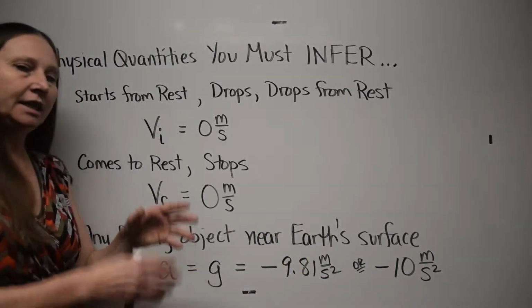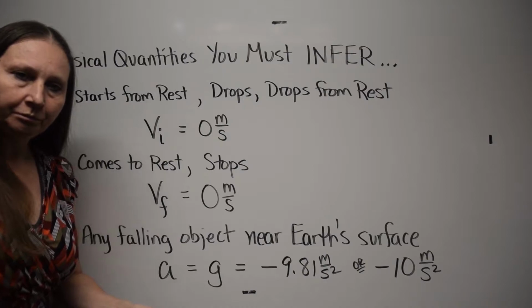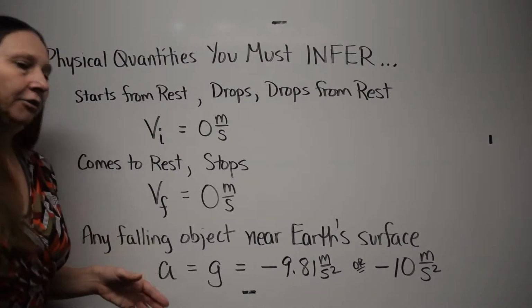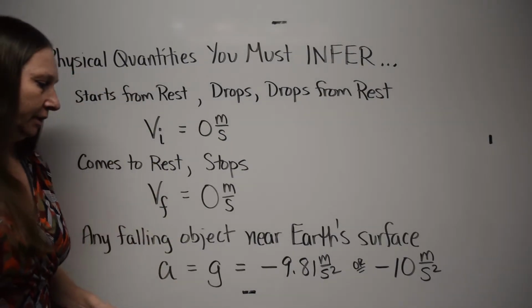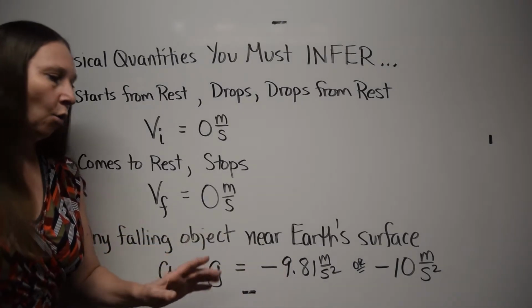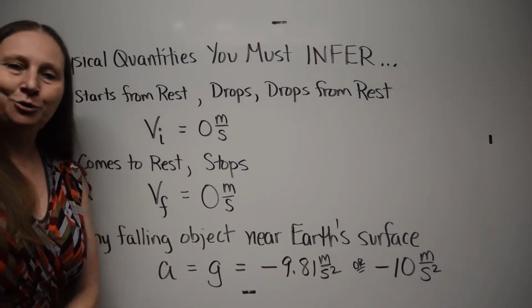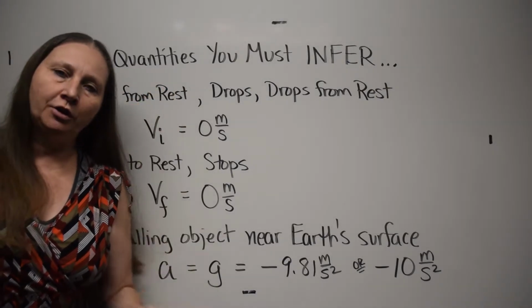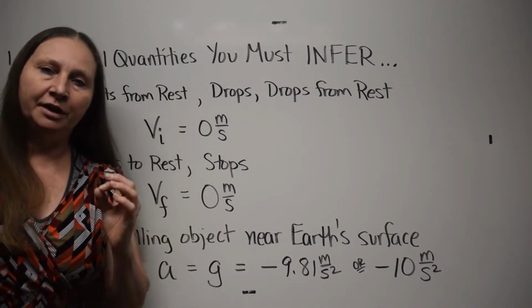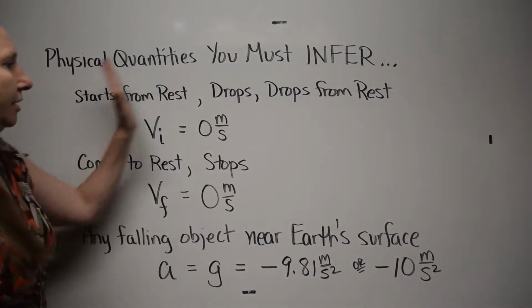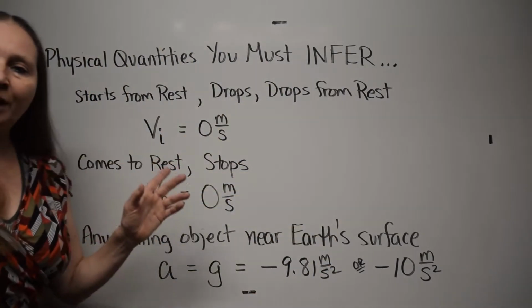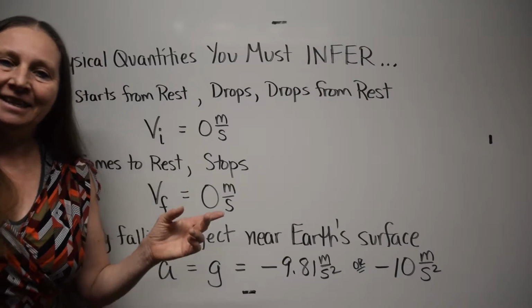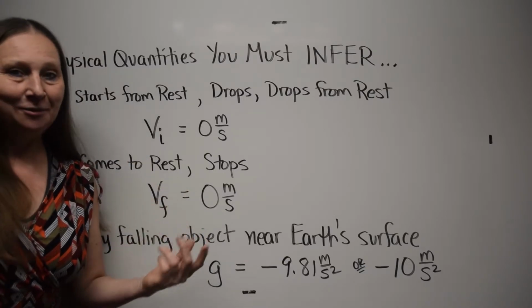So any object that is falling, the acceleration in the vertical direction is negative 9.81 or negative 10 meters per second squared. Again, if you find you're starting a problem and you don't have enough numbers, maybe you missed something in the reading that was actually a hint at a number that you need.